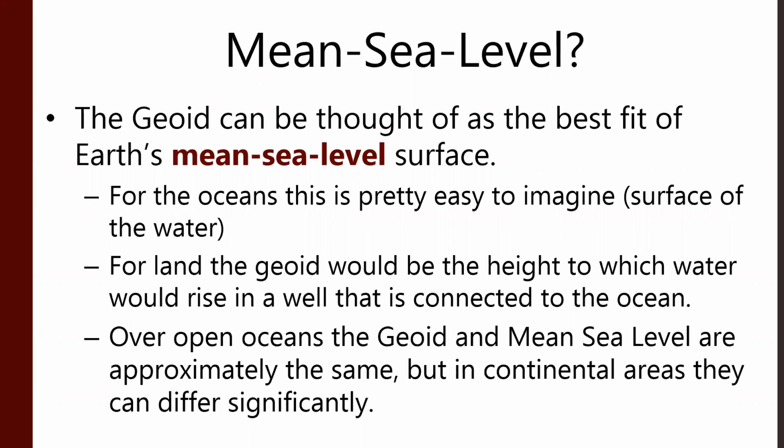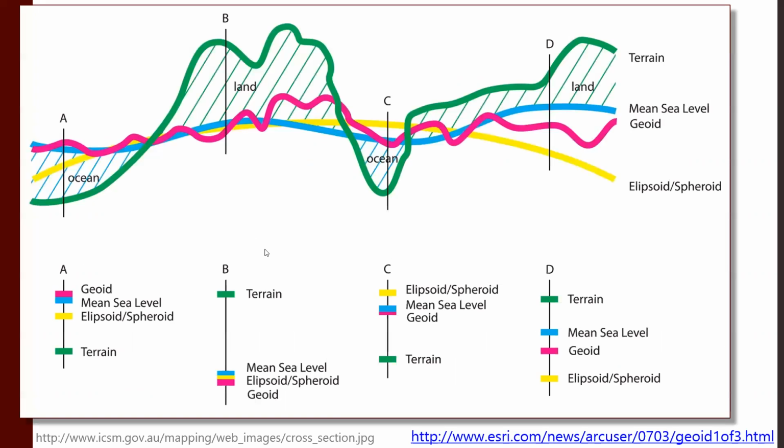You can imagine that pretty easily. If you look at the planet and you see an ocean, that's the mean sea level surface, roughly. And over these open oceans, geoids and the mean sea level are about the same. Continental areas, it's more difficult because, well, we don't actually have an ocean there. So there's a little bit more variance.